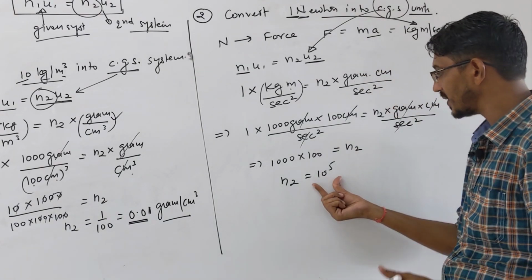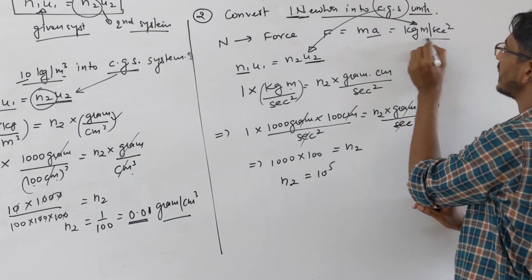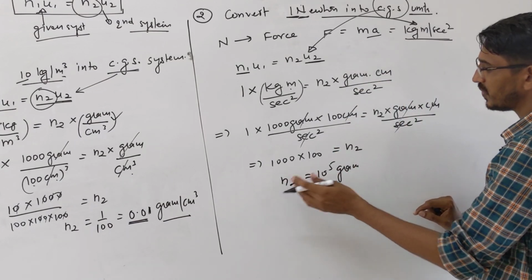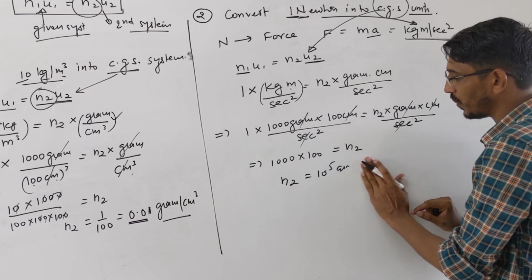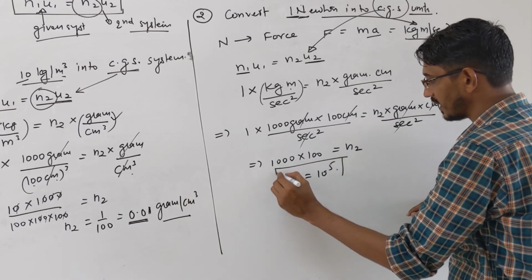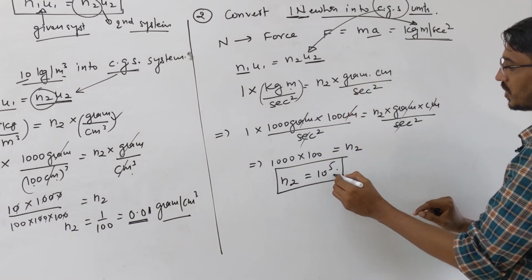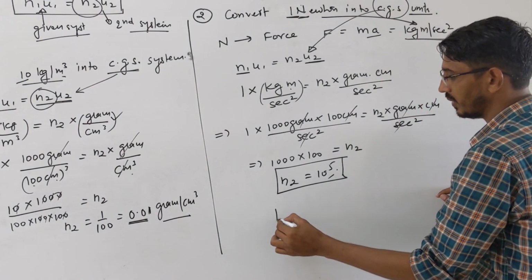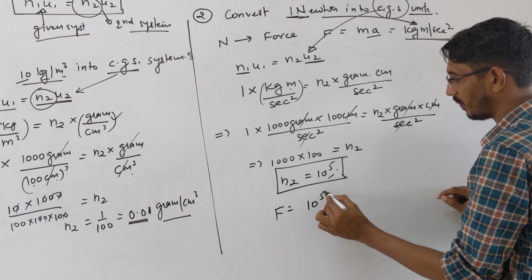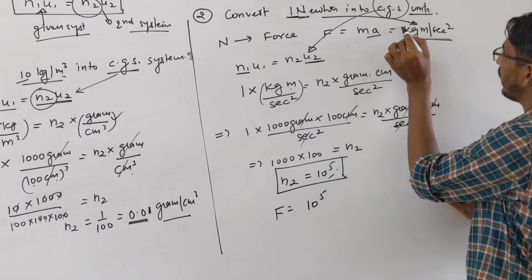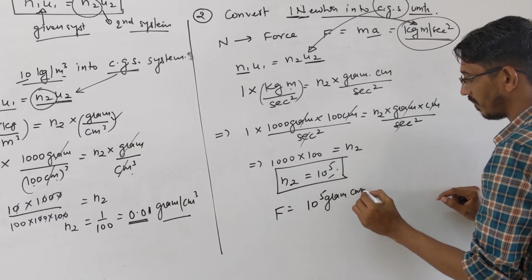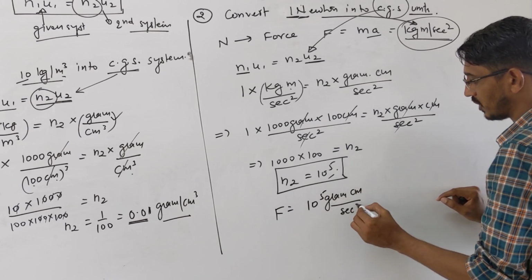And if you have to write units here, we can write in the same format as the SI unit, so kg means gram here. We are just finding the numerical value actually, so we should not write a unit here, but if they ask for the unit we can write it. Suppose they ask for the proper value, then how will we write it? It will be 10 power 5, and the unit in CGS is gram centimeter per second square, right?